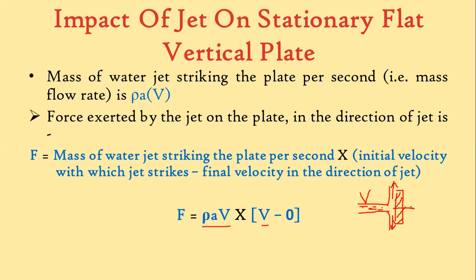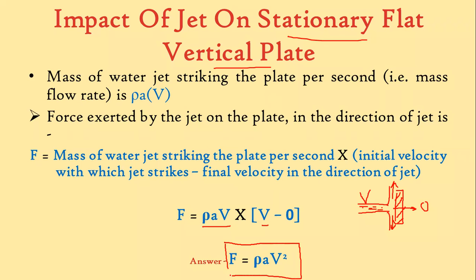So the final velocity of the jet in the direction of the plate after it has struck the plate is 0, because it is deflected. So the formula for impact of jet on stationary flat vertical plate is capital F is equal to rho a v square.